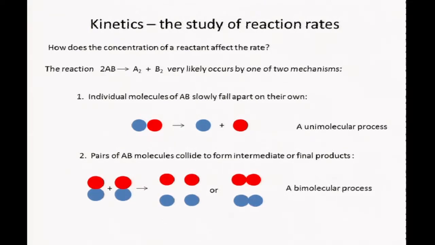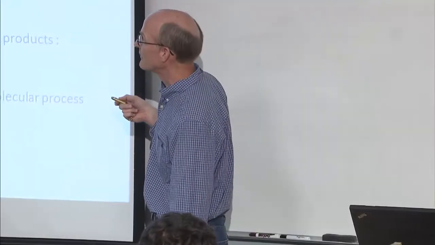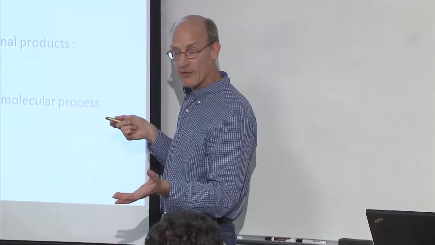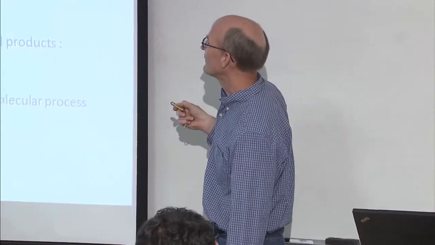Either one of those molecules, AB, is going to fall apart on its own. If you have enough thermal energy, the bond will break. It'll break apart into two different atoms. And a whole bunch of them can do it all at once, but they don't need to run into anything else or have anything else make them fall apart. They'll just fall apart on their own. That's called a unimolecular process. Why unimolecular? There's only one molecule, and it falls apart, so it's a unimolecular process.